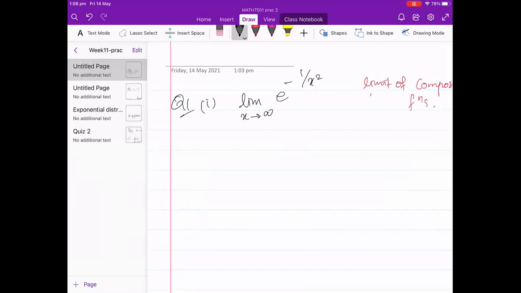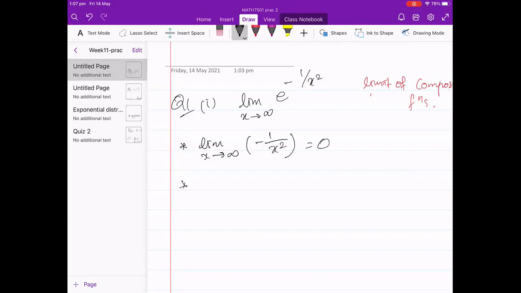Let's say the limit as x goes to infinity of minus 1 over x squared. What is this limit? Zero, yep.